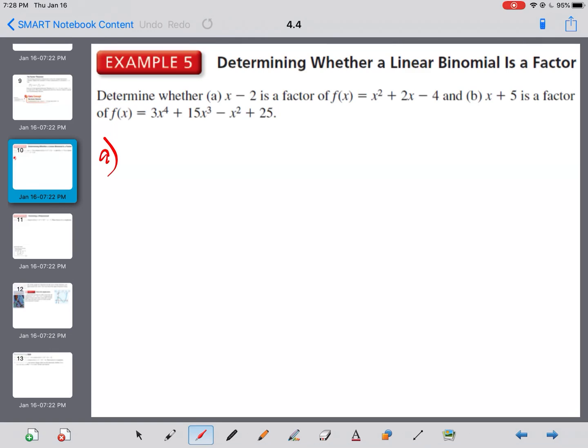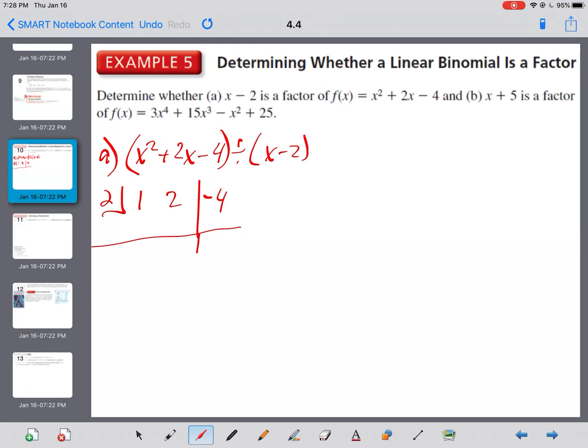So let's look at A. We're going to take x squared plus 2x minus 4, and we're going to divide it by x minus 2. And since it's an x minus 2, I'm going to do it synthetically, so I'm going to put a 2 in there. That's 2, 1, none. Everybody's there, so 1, 2, negative 4. Drop the 1. 2 times 1 is 2.